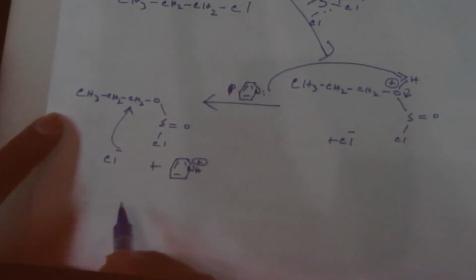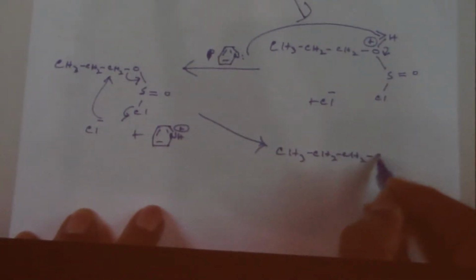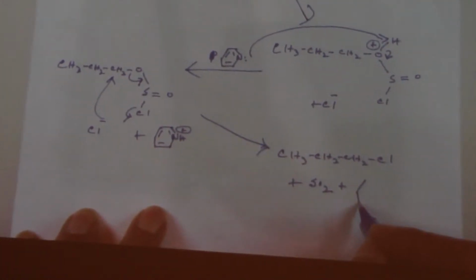So this is generated, and now the chlorine can attack, and I'm not showing all the electrons. You have 8 electrons in the chlorine, Cl minus. So it attacks this and displaces that and kicks out the other chlorine, essentially generating the corresponding chloride, plus SO2, plus pyridinium.